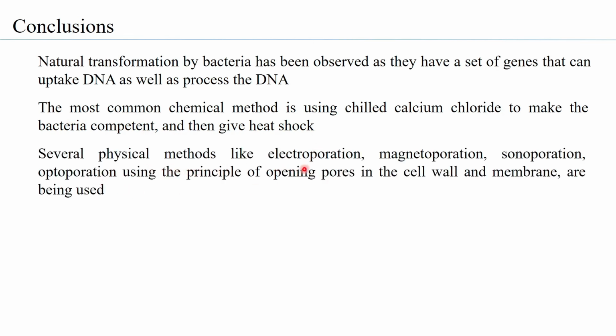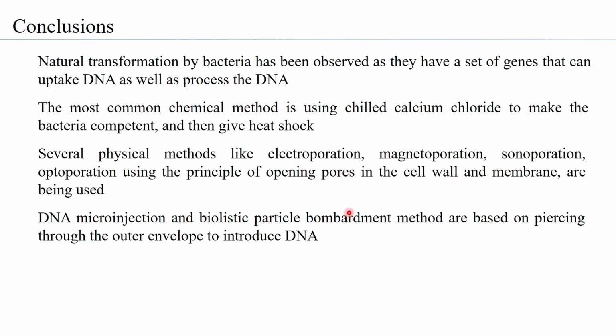Several physical methods like electroporation, magnetoporation, sonoporation, optoporation are using the principle of opening pores in the cell wall and membrane. And with the opening of the pores, again, you can have DNA from outside entering the cell.